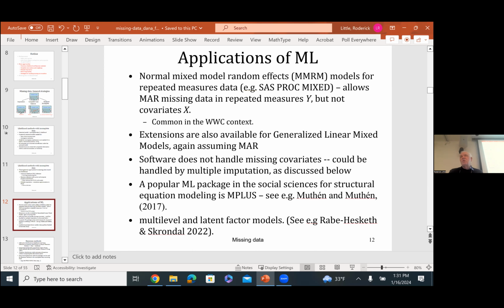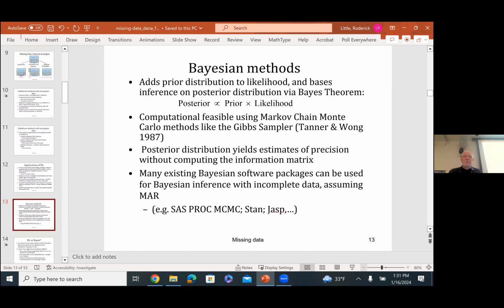And then you can do Bayes as well, since there's quite a lot of software for doing Bayesian modeling now. So let me say a bit about Bayes. You add a prior distribution and base inference on the posterior distribution using Bayes theorem.